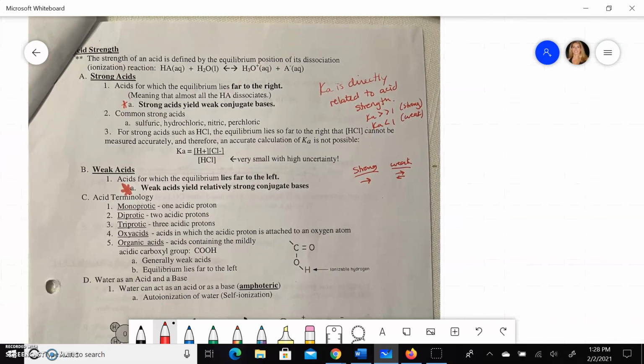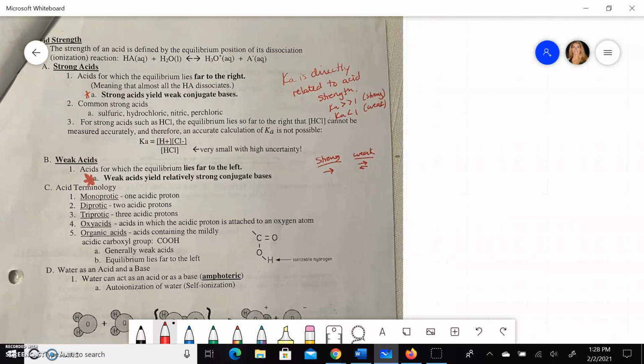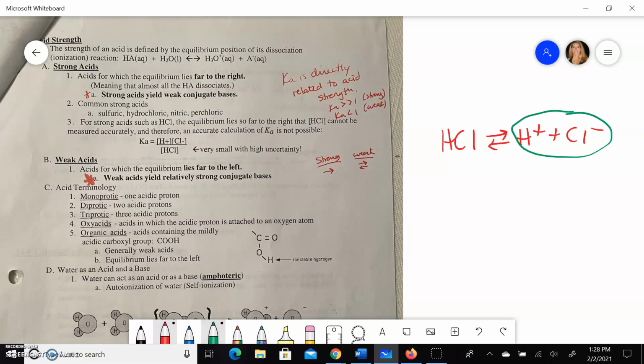So now we can talk about K in terms of strength of an acid. First of all, just as a reminder, if we have HCl breaking apart, HCl is a strong acid, we would have like 99 point something percent ions, because this is a strong acid.